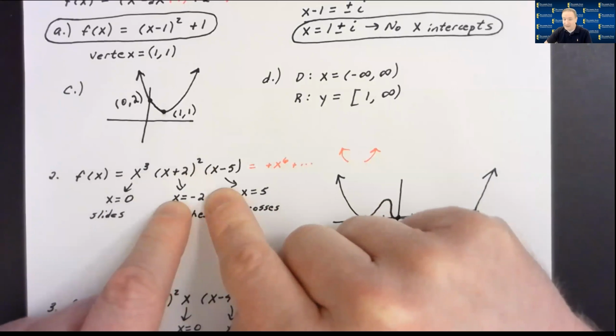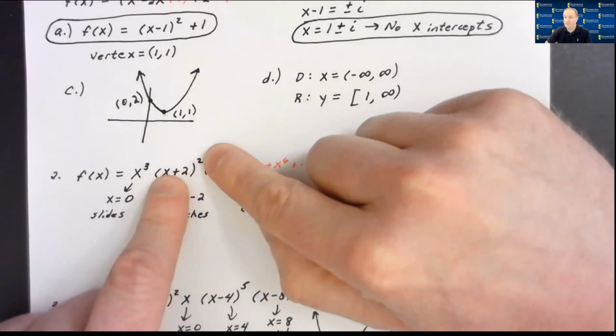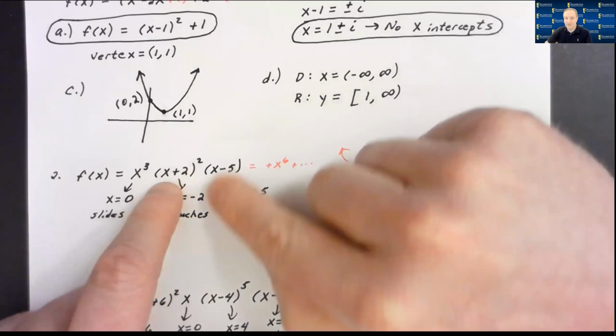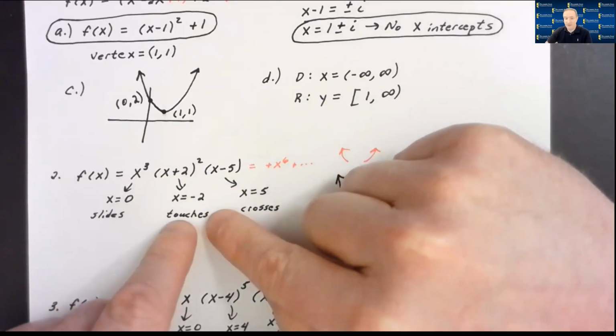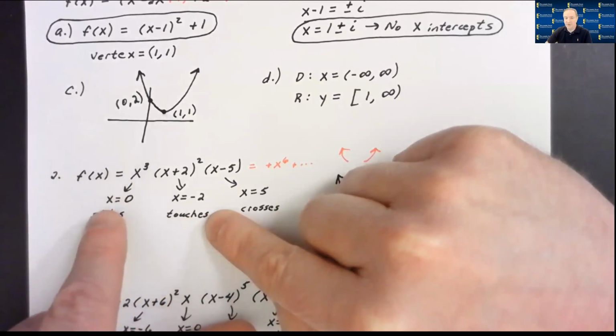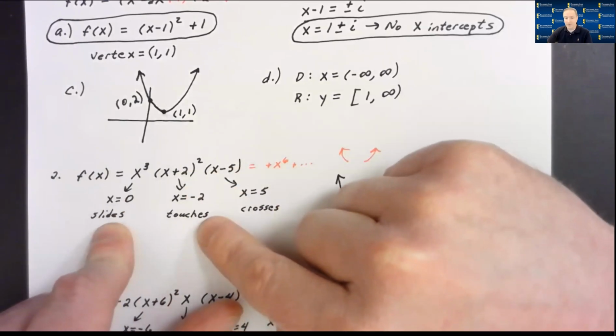Well, what's the behavior at the x-intercept x equals negative 2? It came from a factor to an even power. If a factor is even, then the corresponding x-intercept will not cross. It only touches at that point. So we have slides for odd powers greater than 1, touches for any even power.